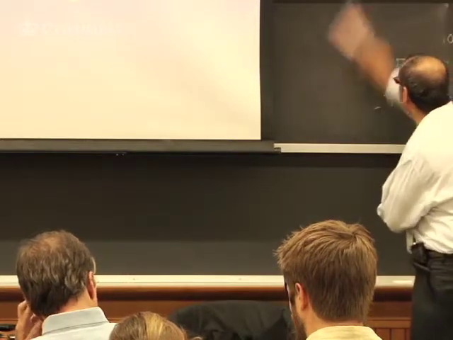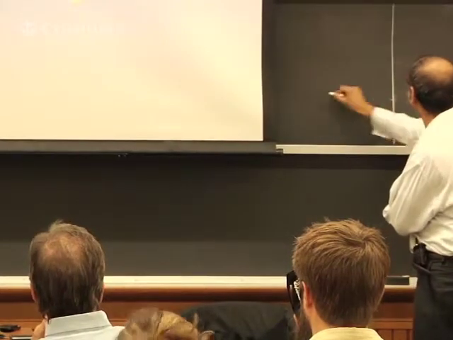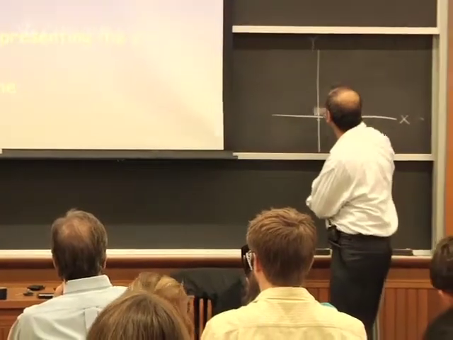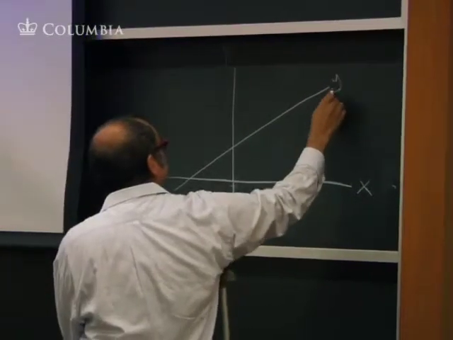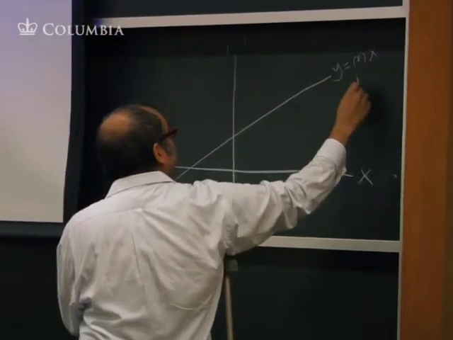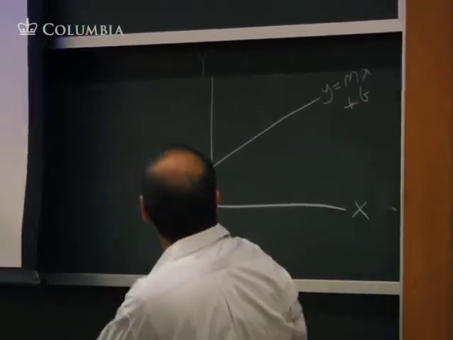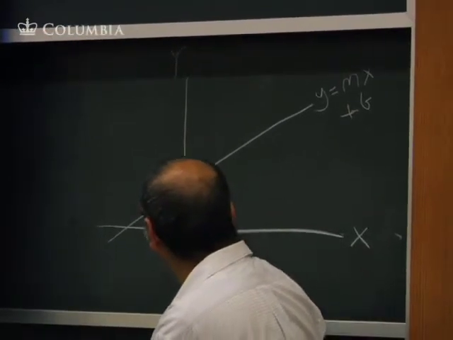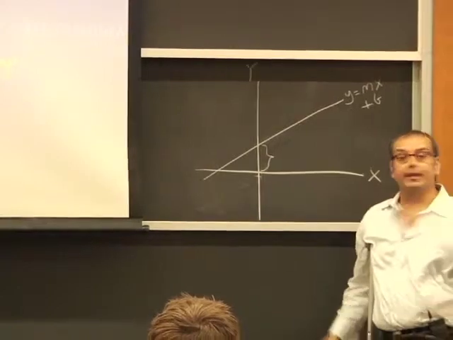Let's just draw a quick form. In the Cartesian plane, if I were to draw this as the straight line, what quantity is this? B, right?